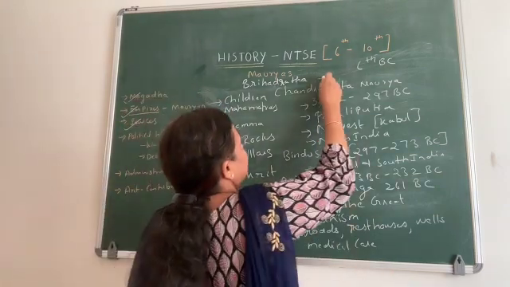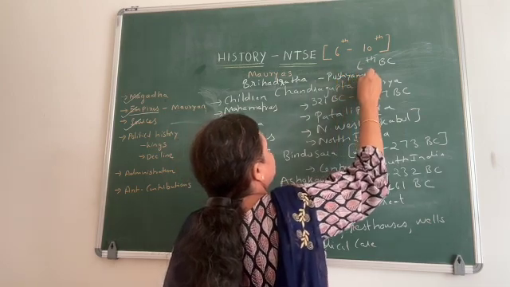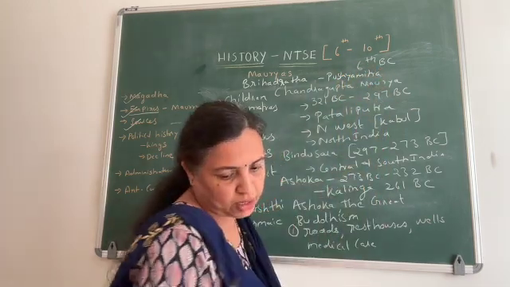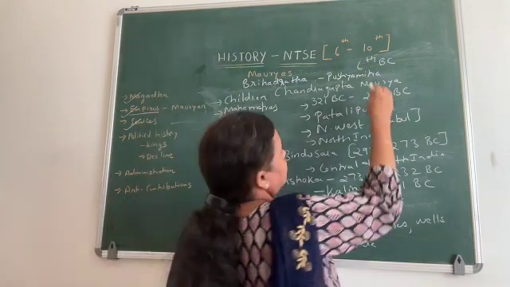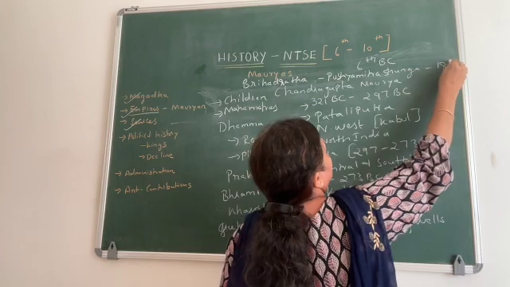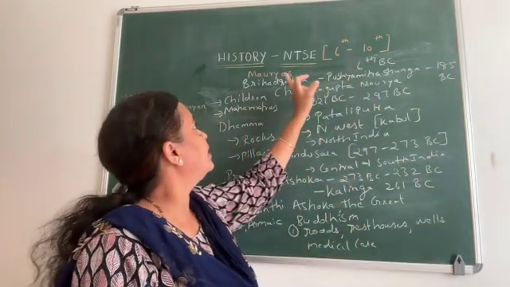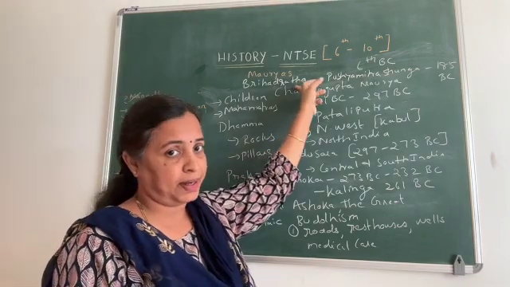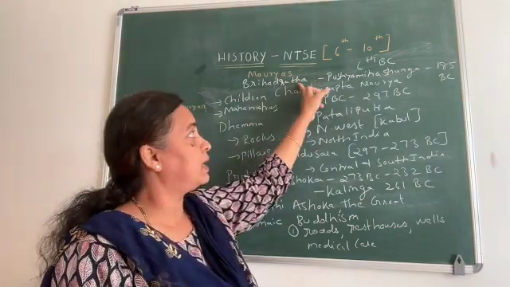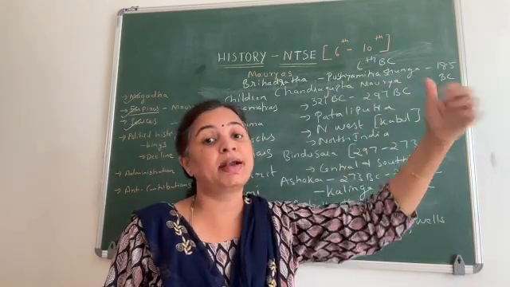His name was Pushyamitra Shunga. This happened in 185 BC. So Pushyamitra Shunga killed the last king of the Mauryan dynasty, Brihadratha, and established the Sunga dynasty.